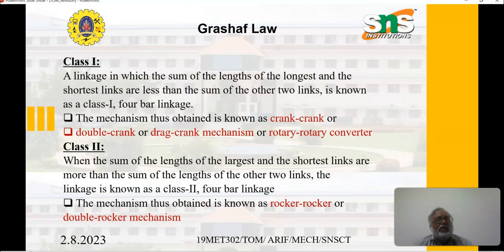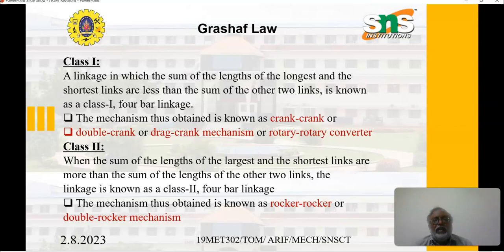Let us discuss Grashof's law. It has two classes. Class 1 is about a linkage in which the sum of the lengths of the longest and the shortest links is less than the sum of the other two links. It is for 4-bar linkages.